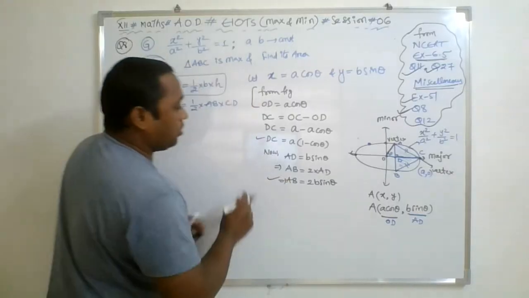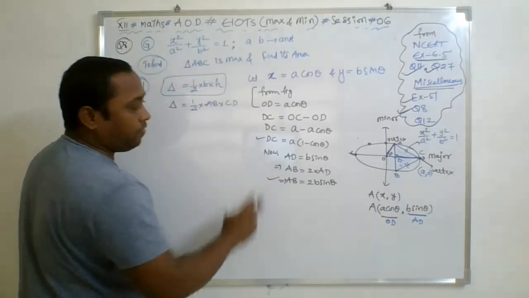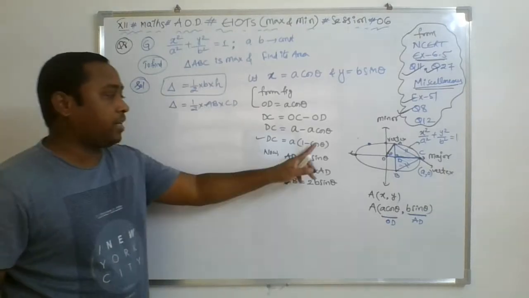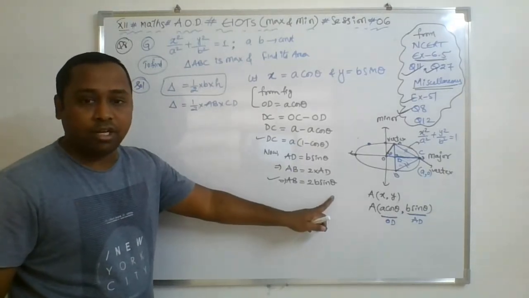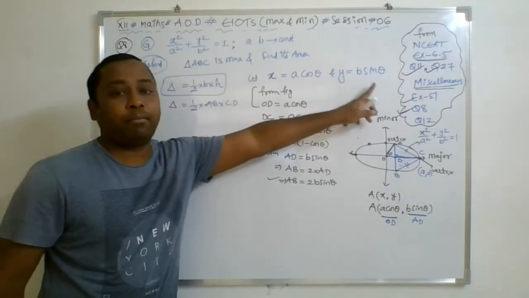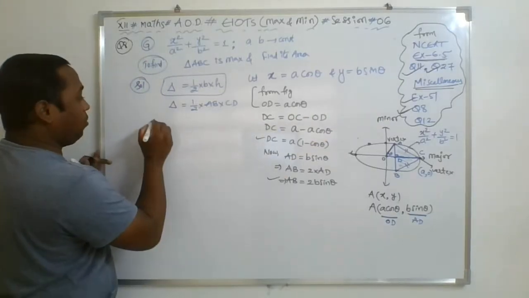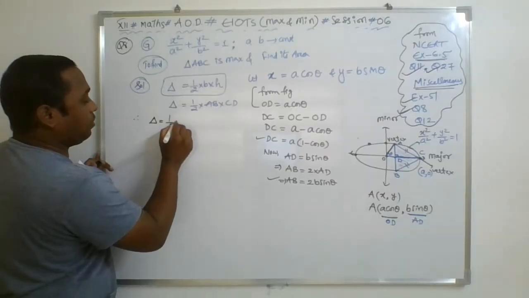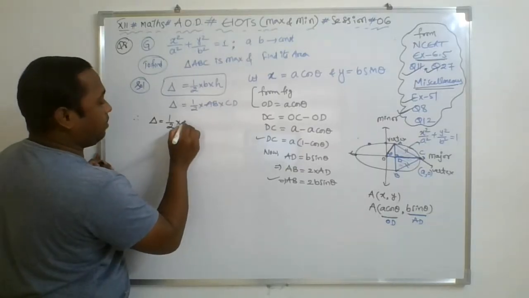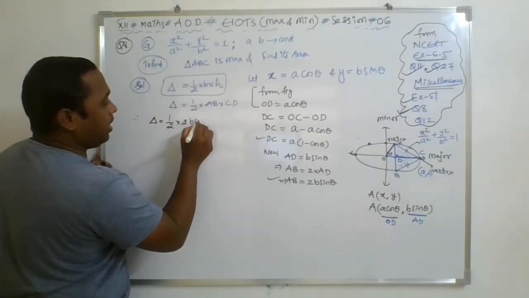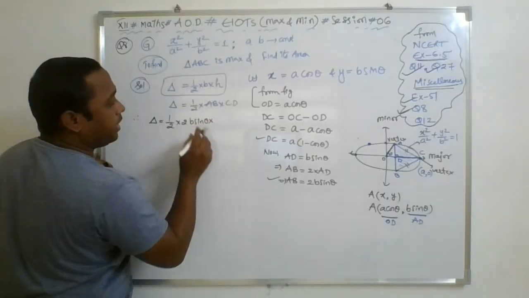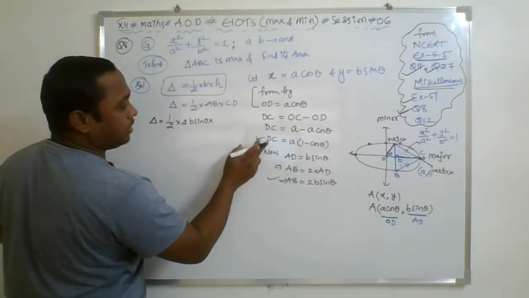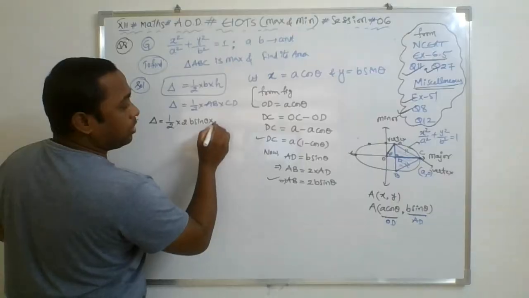So now I have the length of DC and the length of AB in terms of theta, which I introduced as the parameter. Therefore, I can now write the area of the triangle in terms of theta as the length of AB, 2b sin theta, into the length of CD, whether you say DC or CD, what is that?